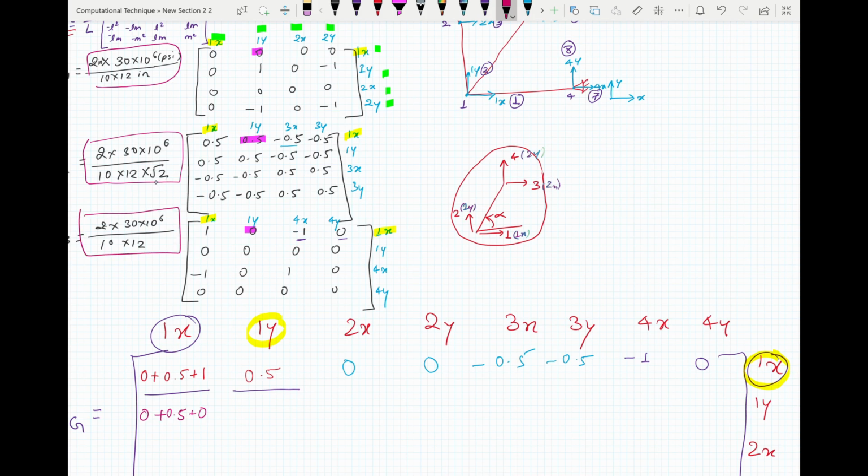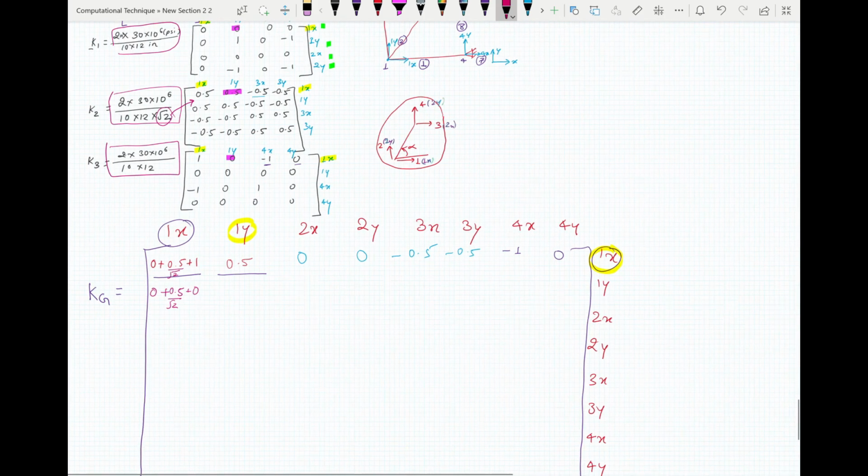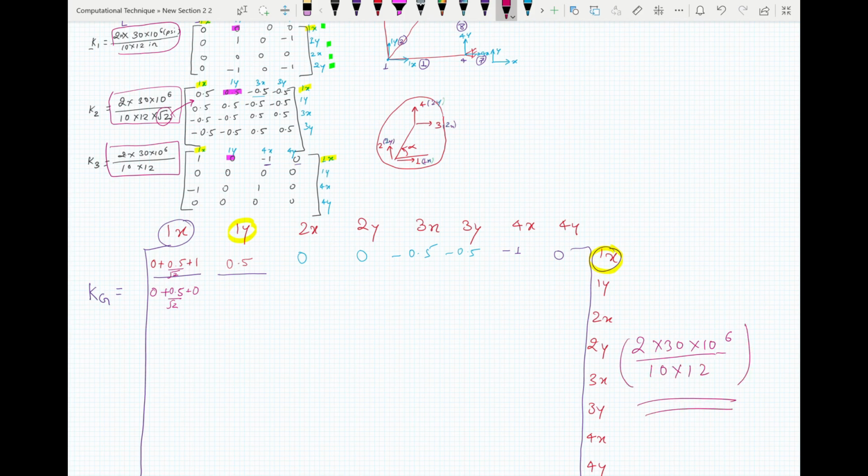You can see that there is extra √2, which I have to put in. So here it will be √2, √2. So at the end, what we'll have here is 2 times 30 times 10 to the power 6, 10 times 12 as a common. Now this one will be 0.5 by √2. This one also √2 by √2.